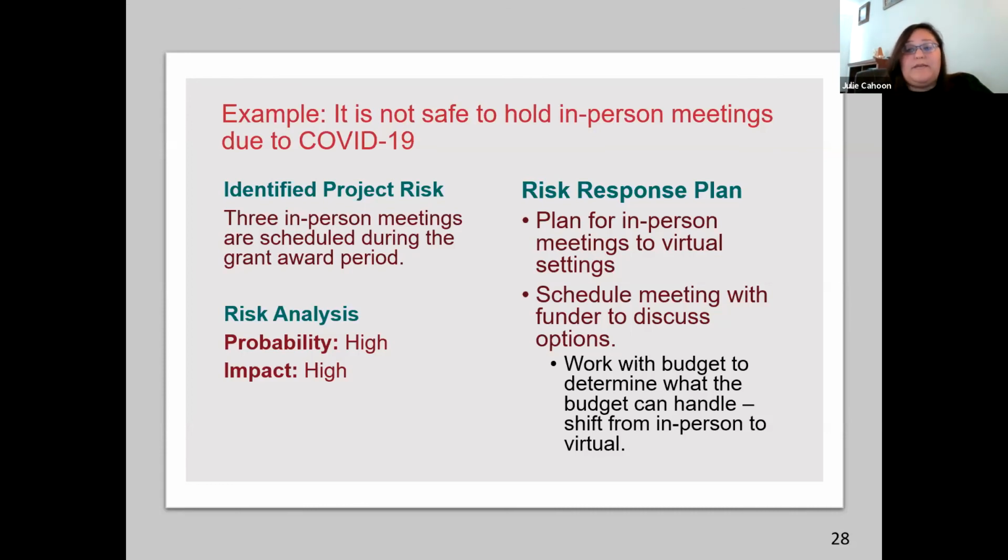In leading up to the meeting with your funder, you're going to want to look at your budget. How is this shift from in-person to virtual going to impact your budget? Is it going to cost more? Is it going to cost less? These are some details you want to bring to your discussion with your funder when you talk about how to address in-person meetings moving to virtual.